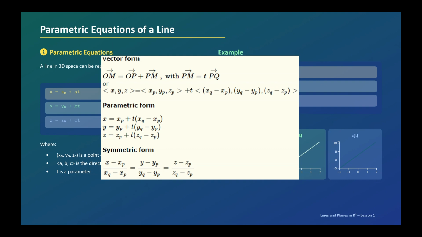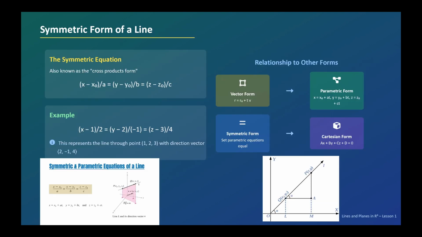So here is the vector form, the parametric form, and the symmetric form. If the direction vector has no zero in it, we can also write a line using the symmetric form.